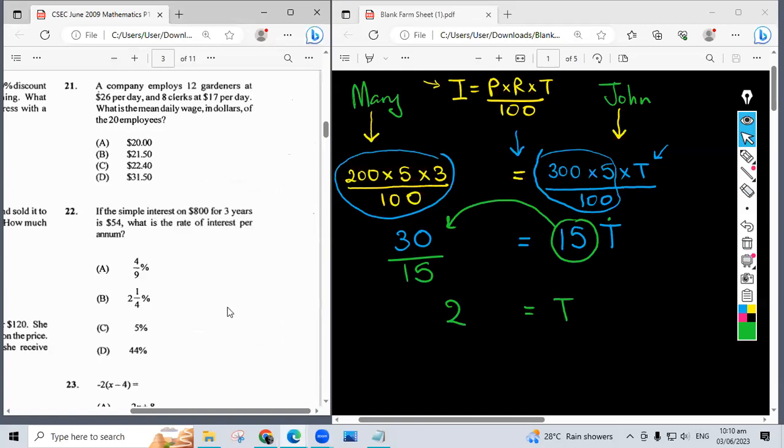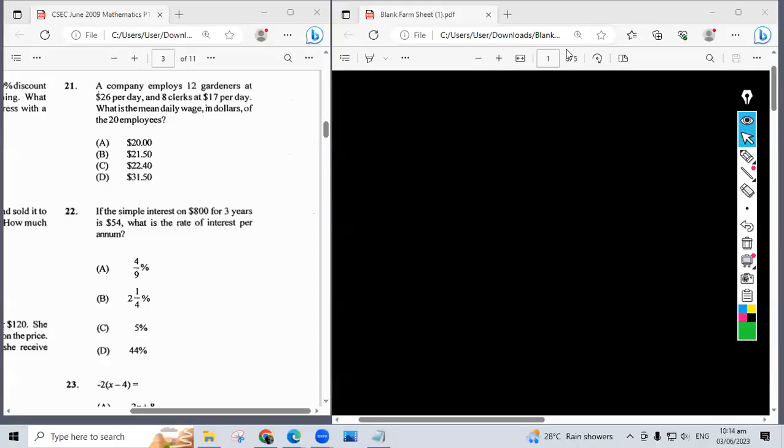Right, so 21 and 22 are on the screen. Questions? All right, so there are 20 employees in all for question 21. Now we just need to figure out how much money we have in total and divide it by the number of employees, which they clearly told us was 20.